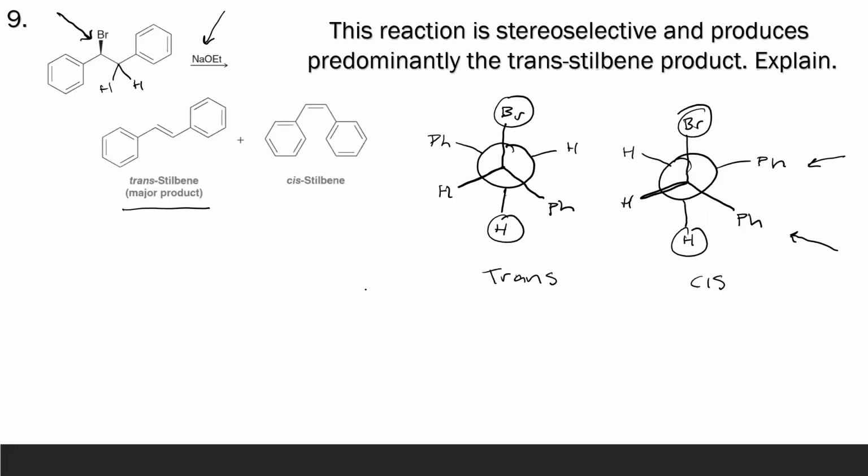So if you look at the trans product, you have the phenyl groups on the opposite side. You have significantly reduced steric interactions, and so that's why the trans product is predominant. So you're looking at these guys here.